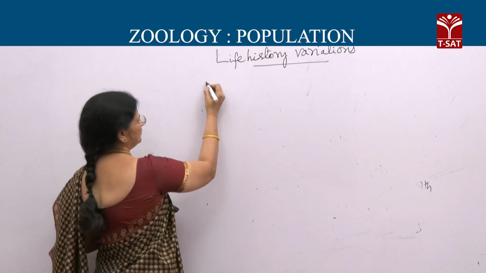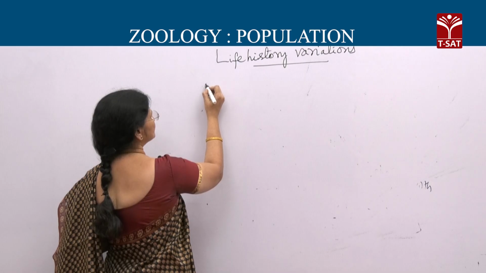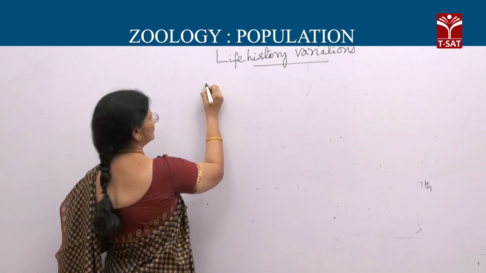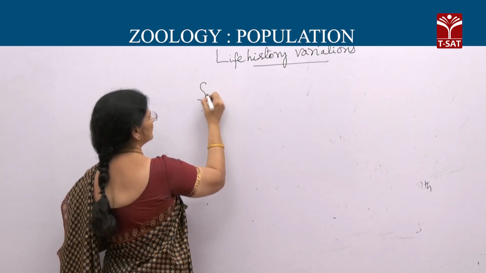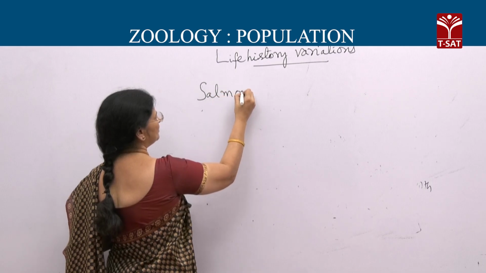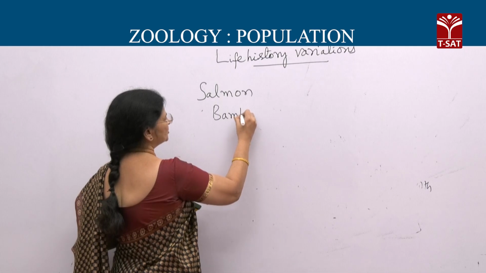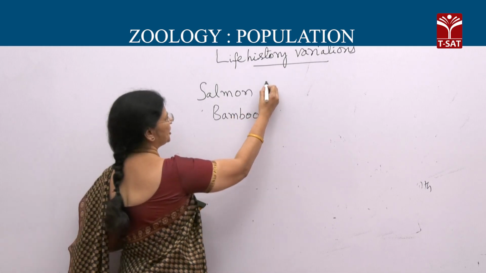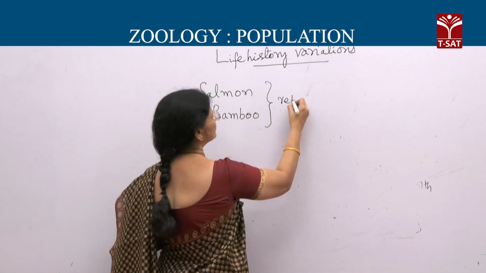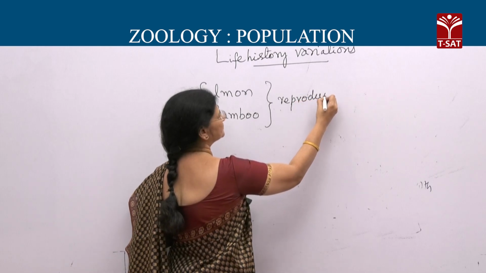For example, if you take some organisms, salmon, bamboo trees and all, they reproduce only once in their lifetime.